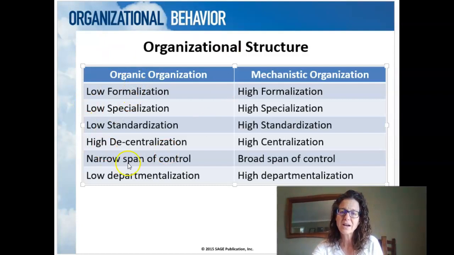And so organic organizations have the ability to respond to changes a lot more rapidly, but they also have some shortcomings in that there is less clarity and less stability. Employees might suffer more role ambiguity if they don't know exactly what they're supposed to be doing, because there's less standardization, less formalization of procedures, and there might be duplication of effort, which is not an efficient process.